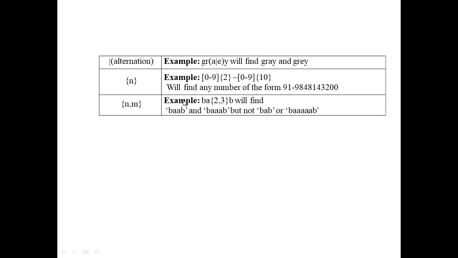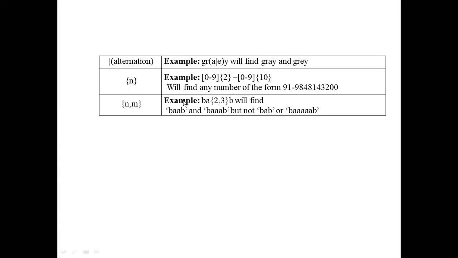Okay, next one, curly braces {n,m}. Here it matches the preceding character at least n times but not more than m times.